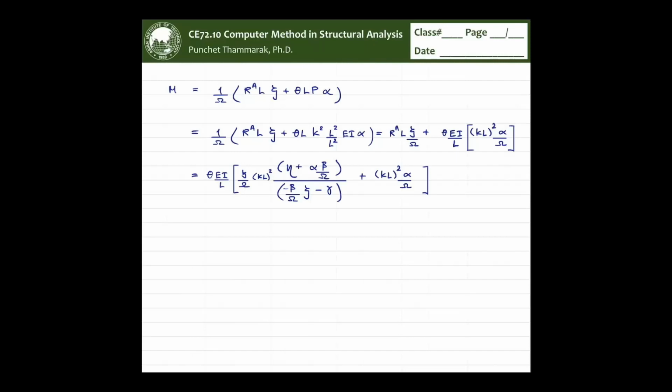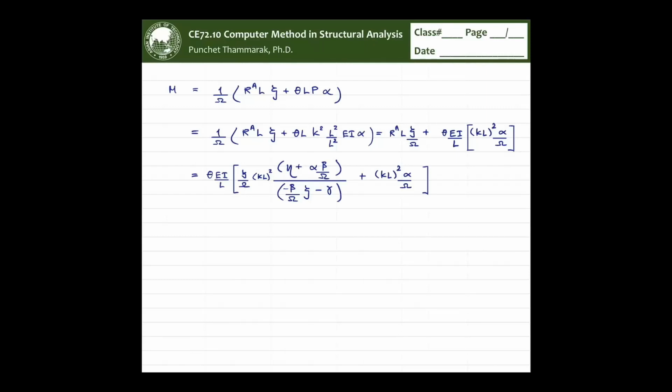So moment is given by theta multiplied by EI over L multiplied by one dimensionless coefficient. You think of 4EI over L. For the force, it's given by theta multiplied by 6EI over L. But instead of 6, that dimensionless term is going to tell you what it is. Aside from 6, it could be 4, 3 or more, depending on the force that you apply to your structure.